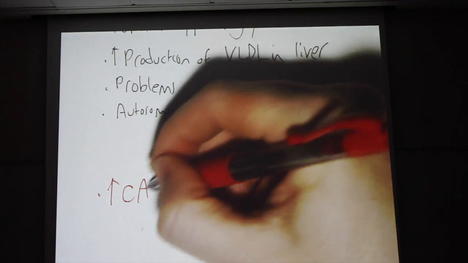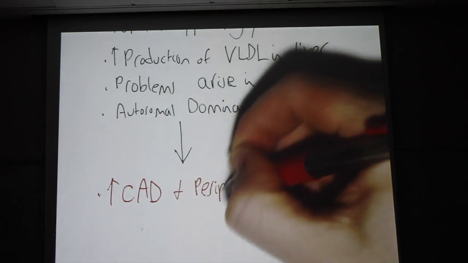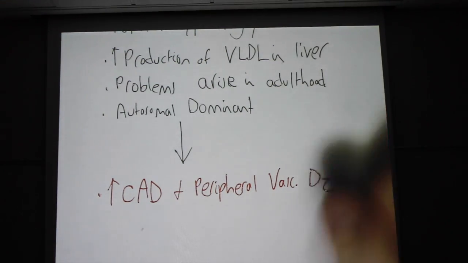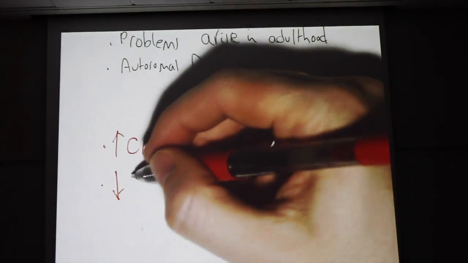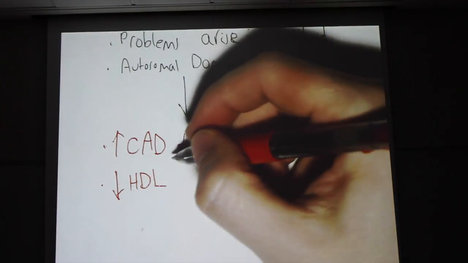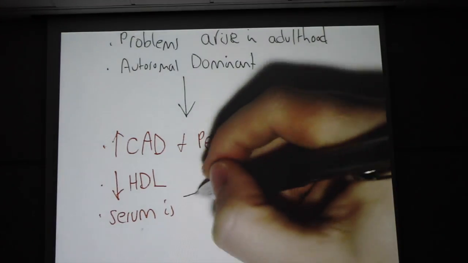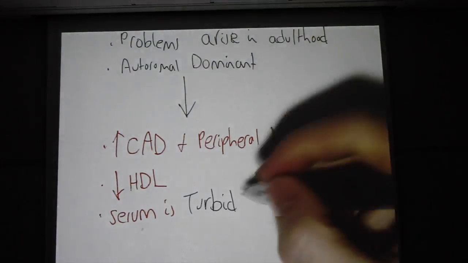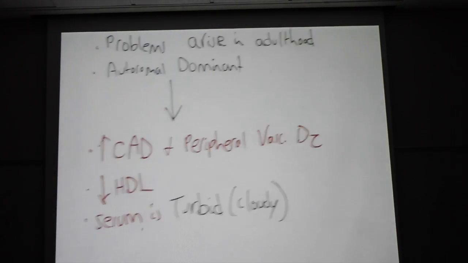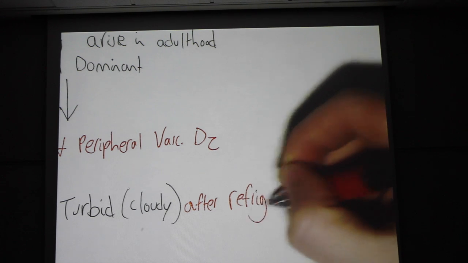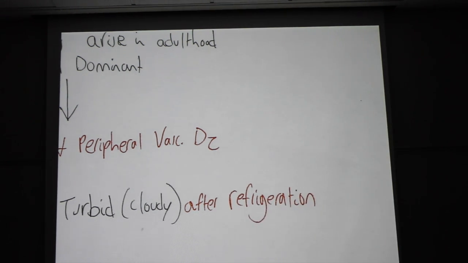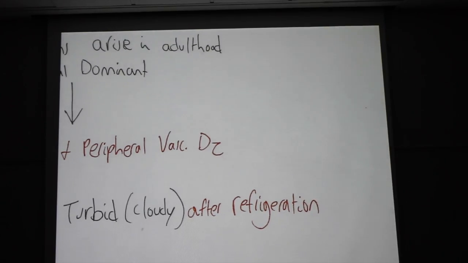These patients will present with an increased risk for coronary artery disease and peripheral vascular disease, and it's important to note that they will have a decreased level of HDL. The key distinguishing factor as well is that serum in patients that have increased VLDL levels will be turbid, so it'll be cloudy after you refrigerate it. And if you remember, we said that serum is clear in chylomicron disorders after refrigeration.